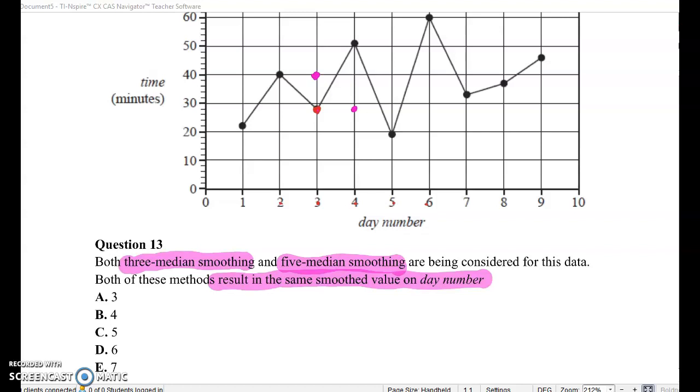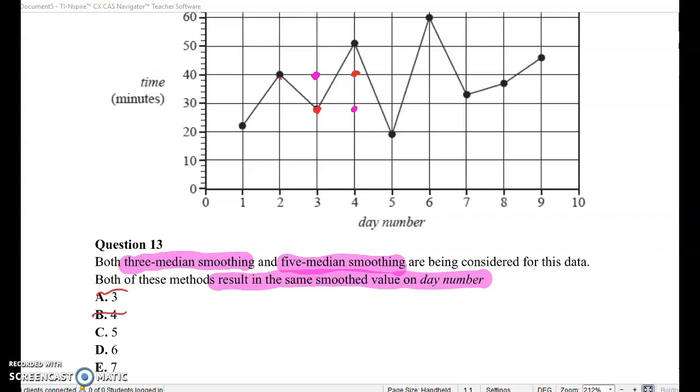And so we've got to get that third bit of data again. So 1, 2, 3. So on day 4, it would be centered here. Okay, so that's different again.